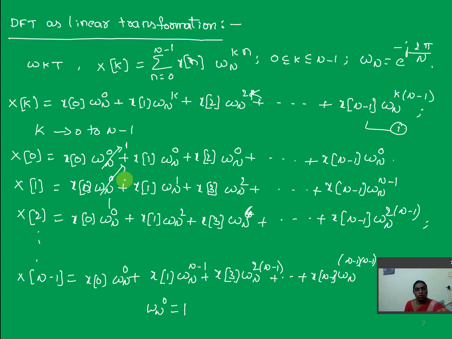Now the third row: 1, W_N power 2, W_N power 4, and so on, W_N power 2 into N minus 1.